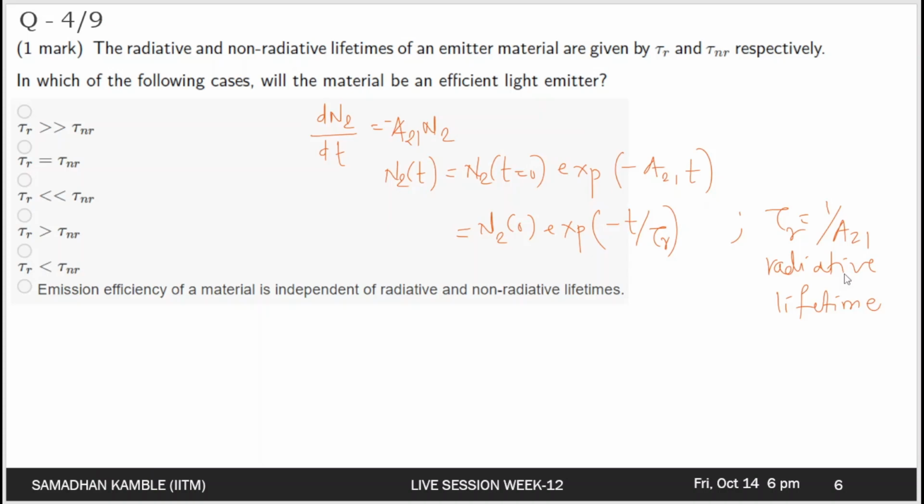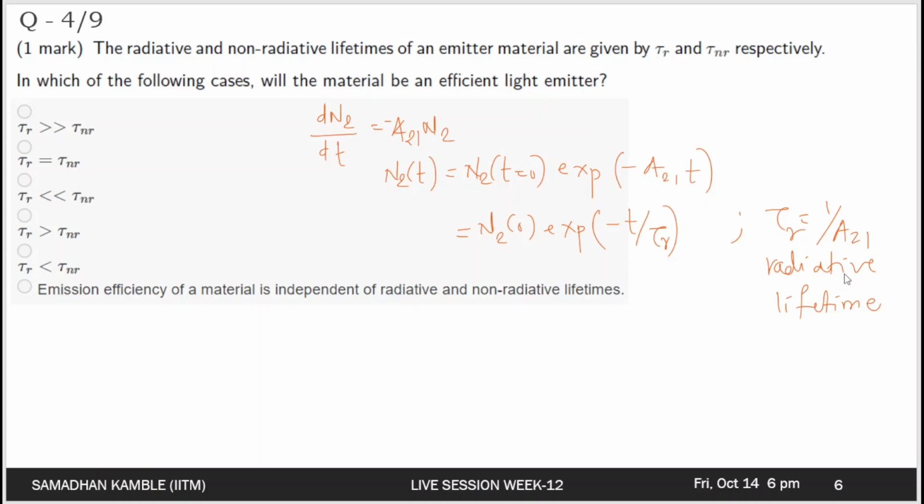So in the non-radiative decay, the electron loses its energy to the lattice, and this is also going to be present, of course, and we would like to have radiative decay to be more because we want the photons to come out, not the phonons. When we say non-radiative is losing energy to the lattice, that means phonons, and it is essentially heat.